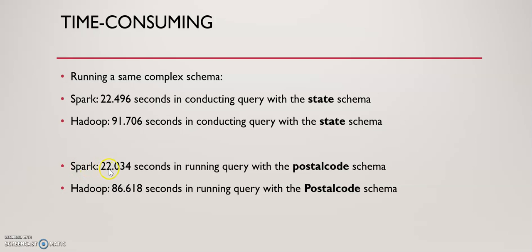Spark uses 22.034 seconds in running the query with the postal code schema. Hive uses longer time, 86.618 seconds, in running the query with the postal code schema.